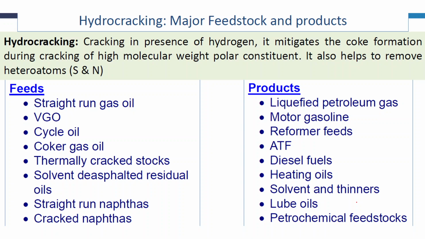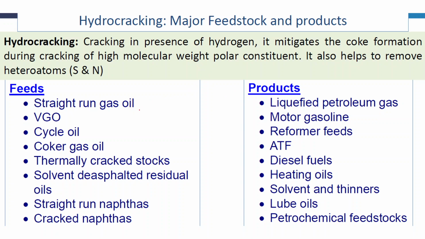The next technique is hydrocracking. It is basically the cracking of heavier hydrocarbon and further addition of hydrogen to it. It mitigates the coke formation during cracking of higher molecular weight polar constituents. It also helps to remove heteroatoms.